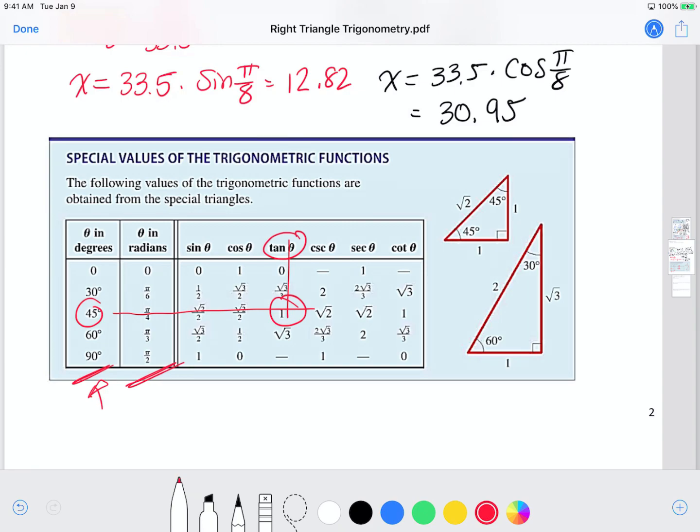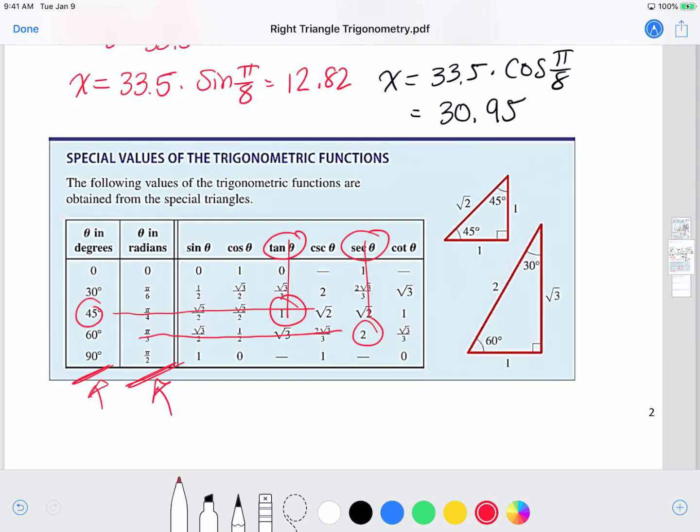If I'm looking at radians, let's say I ask you to find the secant of pi over 3, then we look at this column here, and we look at this column here, and I look to see where those cross, and that would be 2.